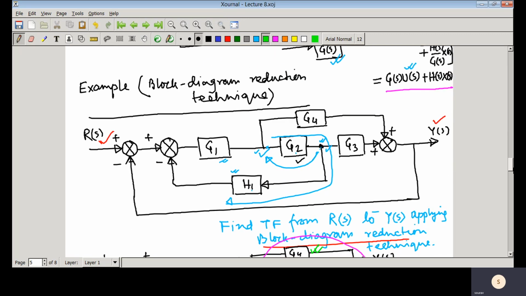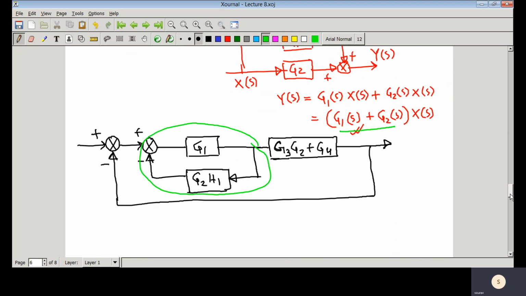If you look at this particular loop, the forward path transfer function is G1 and the feedback path transfer function is G2 into H1. So what is the transfer function from this particular point to that point? That would be G1 divided by 1 plus the feedback path transfer function, that is G2 H1, into the forward path transfer function, that is G1. So it is simple.